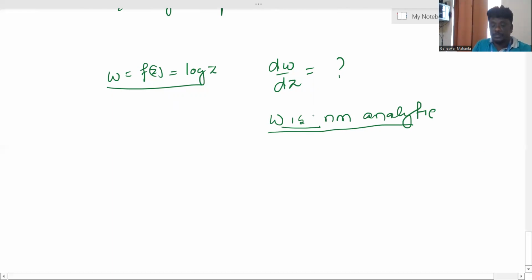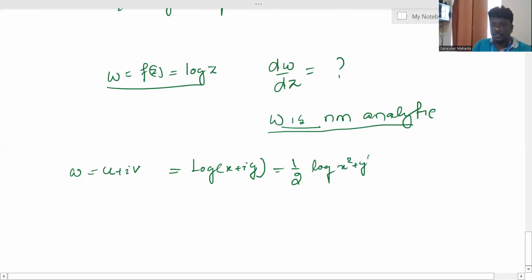First of all, you choose omega is equal to u plus i v, and that value you represent as log of x plus i y. This value becomes one by two log of x square plus y square, the real part, plus i into tan inverse of y by x.